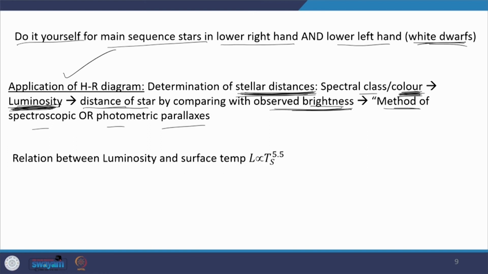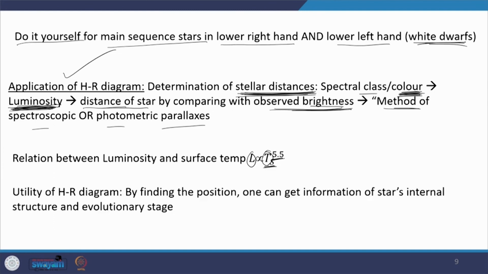And let me complete this topic of the HR diagram by giving you a mathematical relation between the luminosity of a star and the temperature of a star. Luminosity is proportional to surface temperature to the power of 5.5.